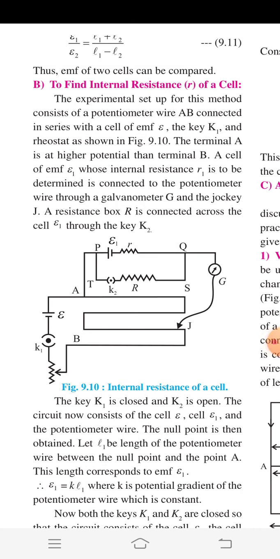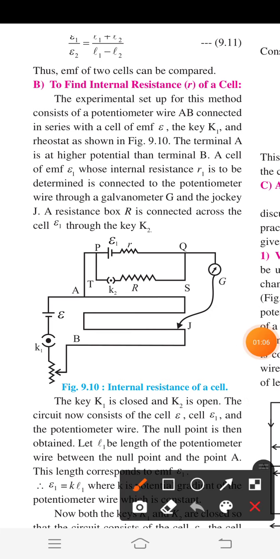In this use, the experimental setup is given in figure number 9.10. This figure gives us the experimental setup to find the internal resistance small r of any cell.